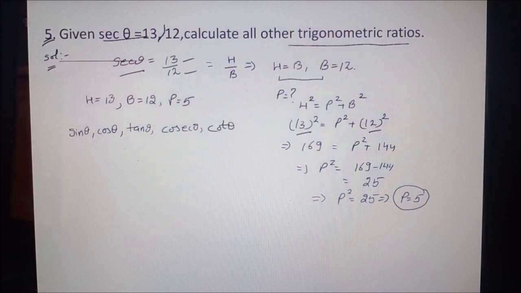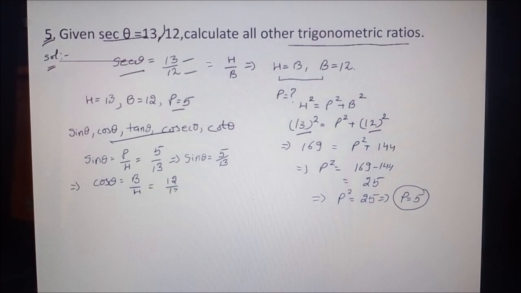Now sin theta is perpendicular upon hypotenuse. So perpendicular is given 5, hypotenuse 13. So it implies sin theta is equal to 5 by 13. Next, cos theta. Cos theta is base upon hypotenuse. Base is 12 and hypotenuse 13.